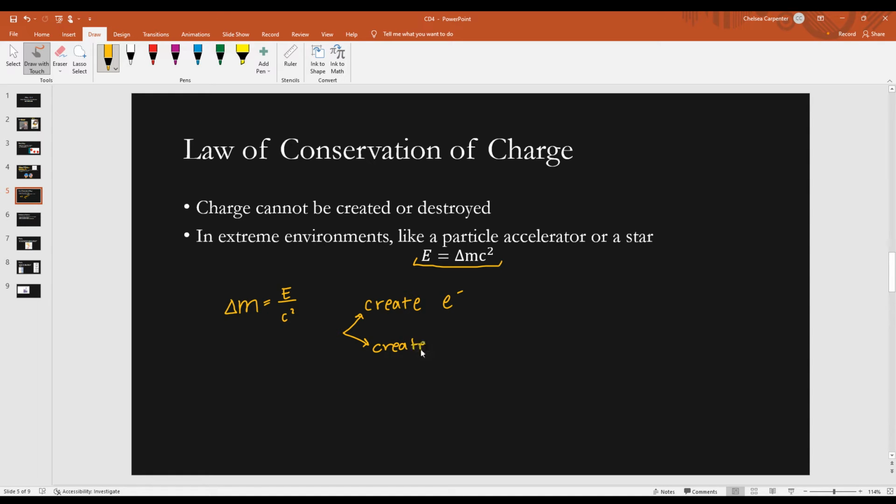So when an electron is created, what's also created is this thing called a positron. And it has the same mass and same charge as the electron. But it's this funky thing. It's actually an antimatter particle.